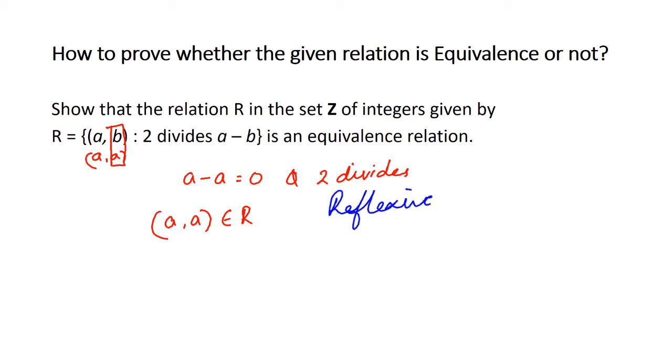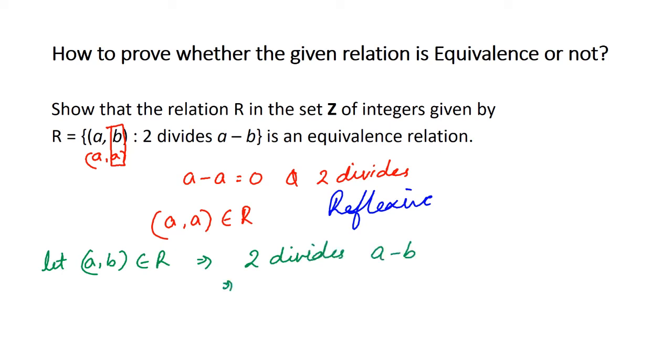Now let me see whether it is symmetric or not. For symmetry, I'll consider that (a, b) belongs to this relation, which implies 2 divides a minus b.